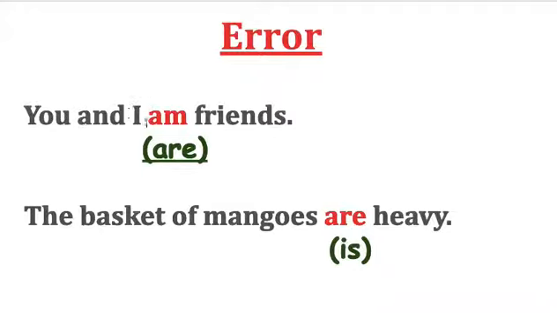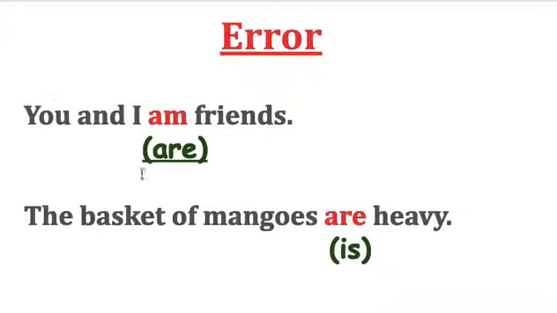Obviously when you think of I, we use the helping verb am. So based on this, you and I am friends, it's okay. No. That is called an error, because we believe that the subject I is the nearest, and so based on this subject I decide to choose the verb am and consider the sentence to be correct.